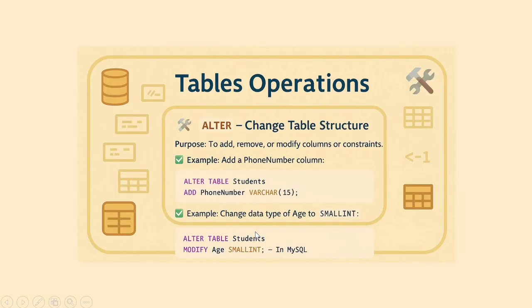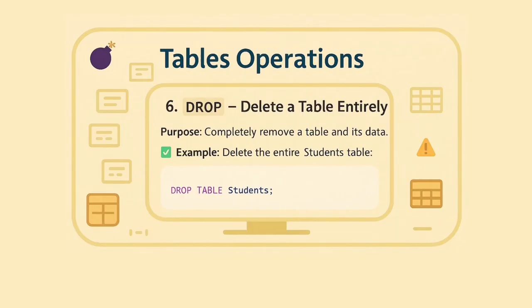Alter, change the table structure. For example, here we can add this phone number as an attribute, or we can modify the type of variable of the age. It was integer, we can write small integer, for example. This is the alter.